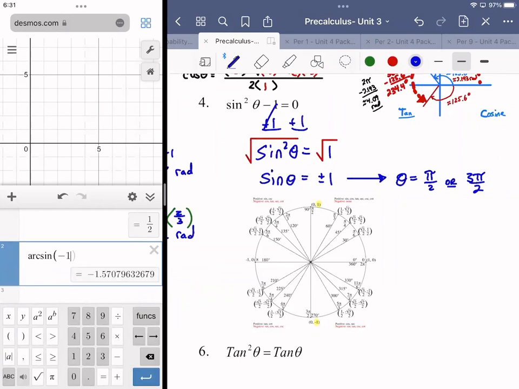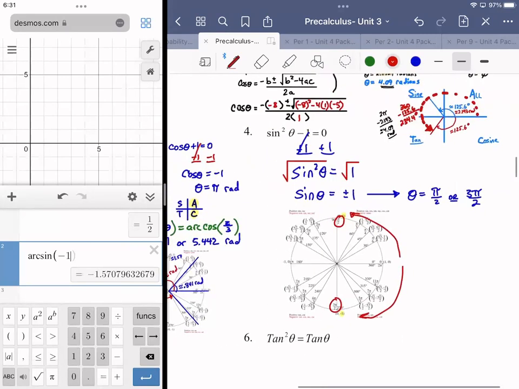So this is not on the 0 to 2 pi domain, but you can figure out what its coterminal angle would be on the 0 to 2 pi domain, because if this is telling you to go negative pi over 2, that's just telling you instead of going pi over 2 in the positive direction, go pi over 2 in the negative direction. Where would that put you on the unit circle? It would put you at 3 pi over 2. So you could do it that way.